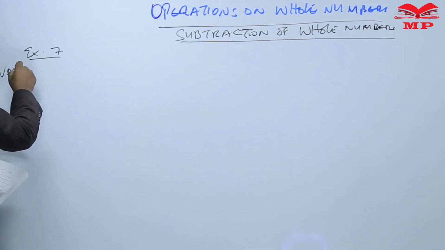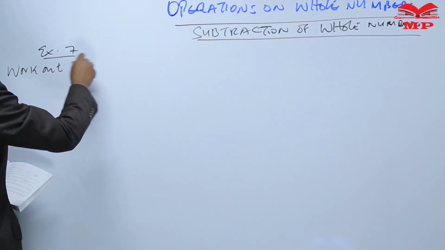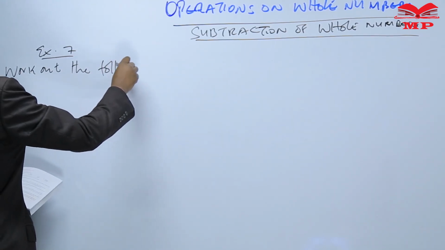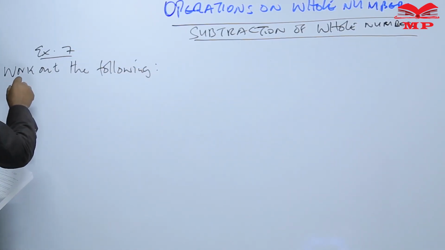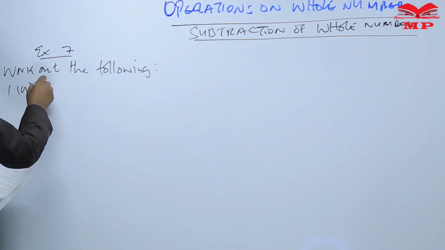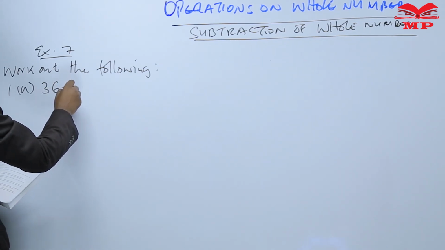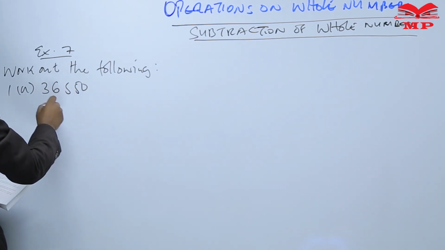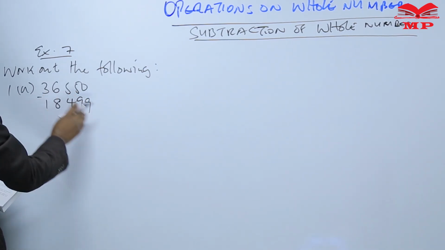Work out the following. 1A, 36,550 minus 18,499.